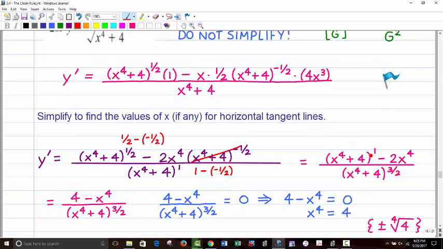right there. And this cancels. Then on the bottom you have 1 minus a minus 1/2, which gives you 3/2. So you have x to the 4th plus 4 to the first minus 2x to the 4th over x to the 4th plus 4 to the 3/2. And then x to the 4th minus 2x to the 4th makes a negative 1x to the 4th.